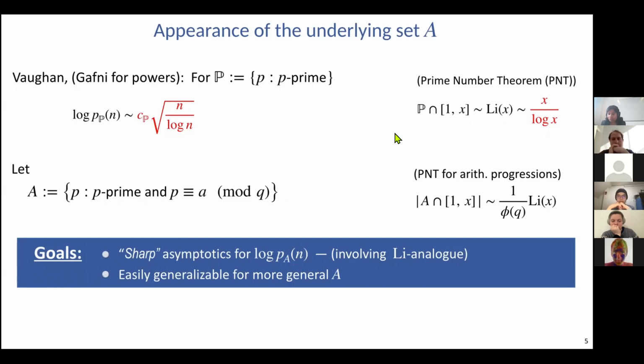However, we have a better formula for the number of primes up to x in terms of the logarithmic integral. I'll define this integral on the next slide, but this is called the logarithmic integral. And the first term of this, if you want to find asymptotics for this integral, is x over log x.